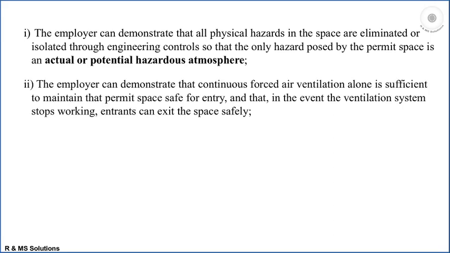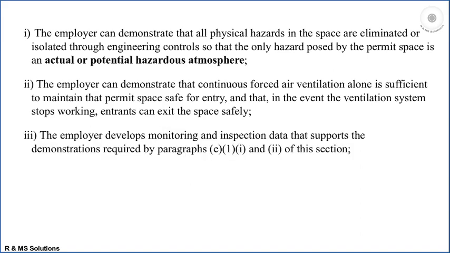Now, some of these subsequent paragraphs are kind of a regurgitation of the requirements as it stands with a permit required space. You're going to need ventilation, obviously, continuous throughout the entire duration of the entry.